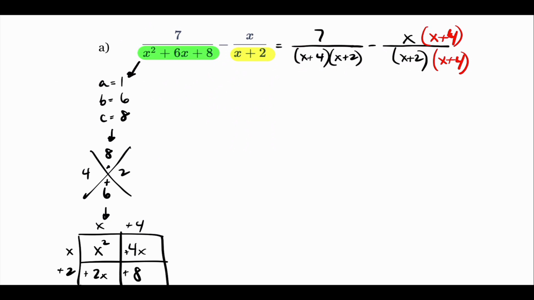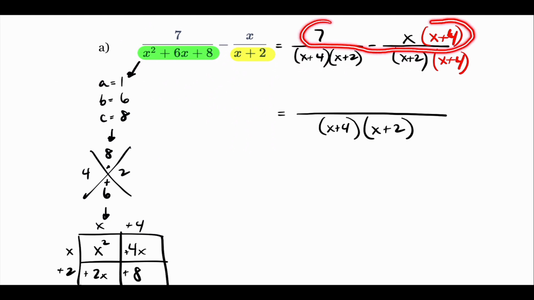So now my common denominators are the same. I have the same denominator on bottom, which is x plus 4. I need an x plus 4 and an x plus 2. Each of them has an x plus 4 and an x plus 2. That's the common denominator. The top is 7 minus x times the parentheses.